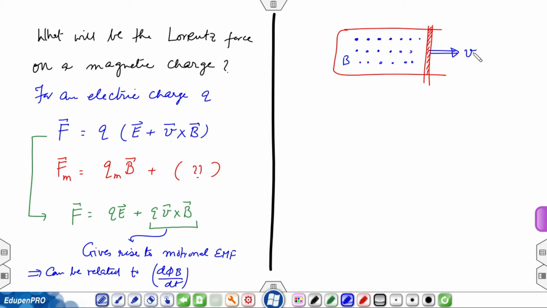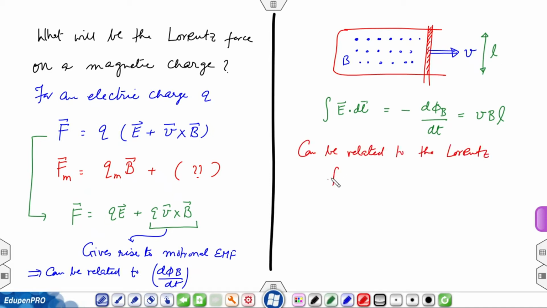Then I know that integration E dot dl comes out to be minus d phi b by dt, which in this case is v b l, where L is the length of this rod which is moving. And that is the calculation you have done many times, and this can be related to Lorentz force V cross B.